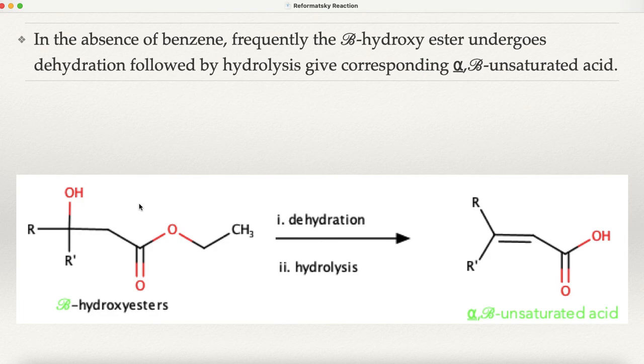Hydrolysis occurs on the ester linkage. This bond is broken and the hydroxy group attaches to the carbonyl group, forming the acid COOH group. Beta hydroxy ester on dehydration followed by hydrolysis finally gives the alpha beta unsaturated acid.